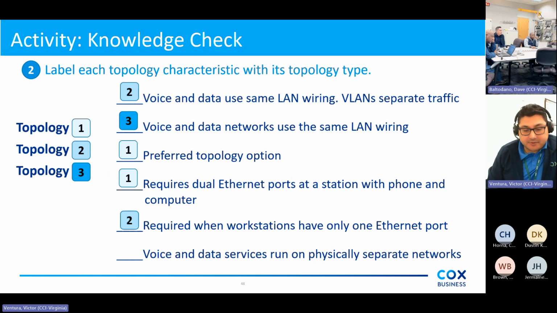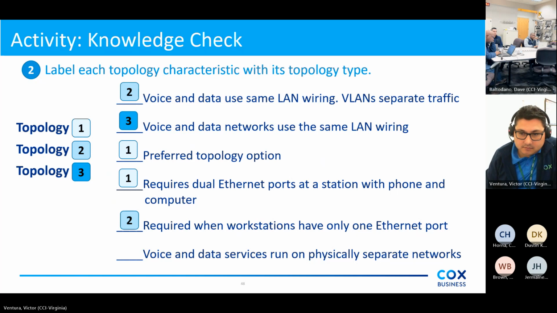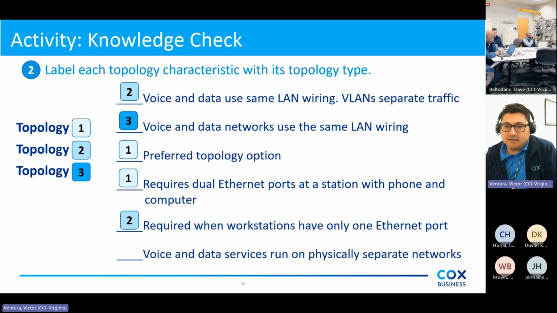However, the answer here, we just labeled it 2, because on both 2 and 3, each workstation has only one Ethernet port. Now, voice and data services run on physically separated networks. Is that topology 1, topology 2, or topology 3? Okay. As we say, that is topology 1.